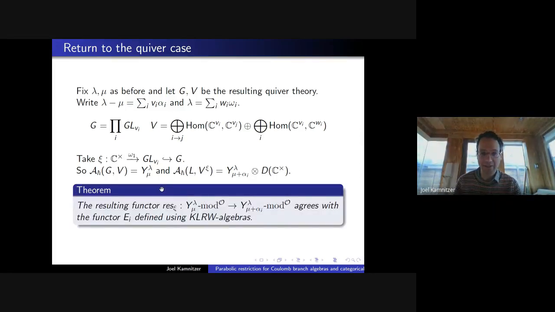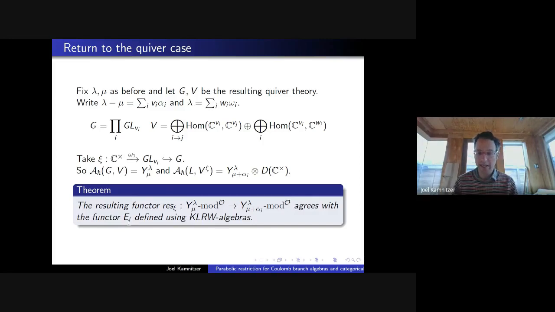So from the construction of the previous slide, these two algebras are related by a nice series of steps: Rees equivalence, inclusion of algebras, and localization, which allowed us to define a functor from here to here, which I called a restriction functor. The main theorem now is that this gives a Coulomb branch way of thinking about the functors E_i that were originally defined using the equivalence with KLRW algebras.